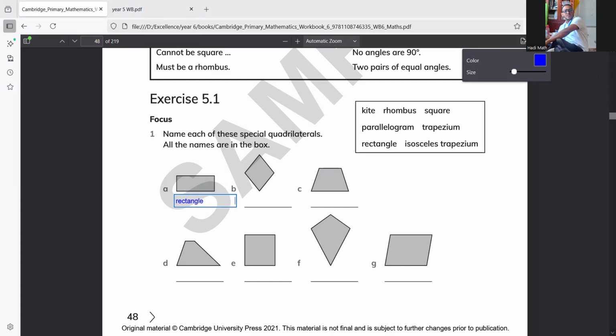B is a rhombus. C is a trapezium, or we can say this is an isosceles trapezium.